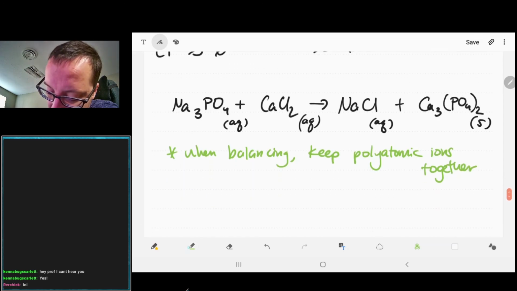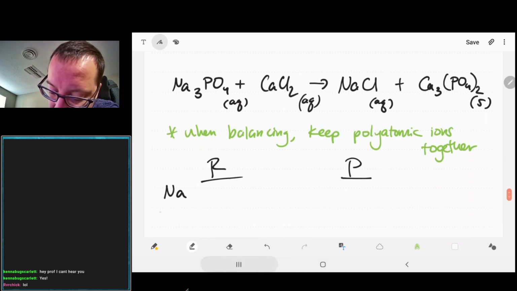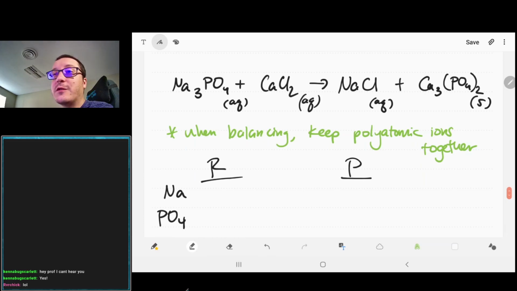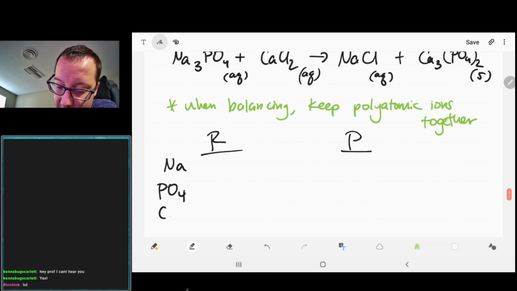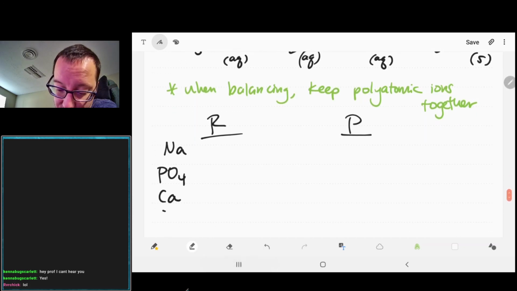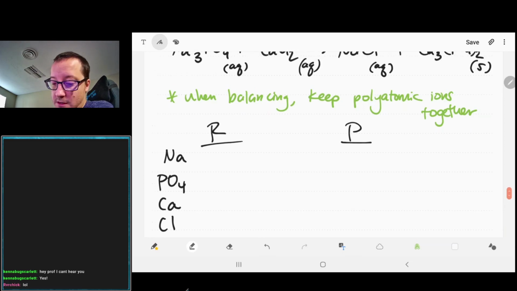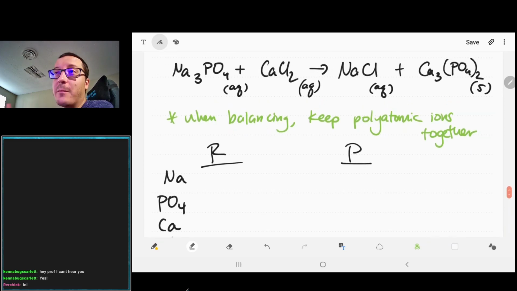And what I mean by that, if we take our reactants and products, instead of doing oxygen and phosphorus separately, let's just keep it as phosphate. So let's not even worry about splitting those up, because that's just going to make it more complicated for us. We're going to see polyatomic ions typically do not change over the course of a reaction, so we don't need to worry about them splitting up or anything. So we can just count it as a phosphate.